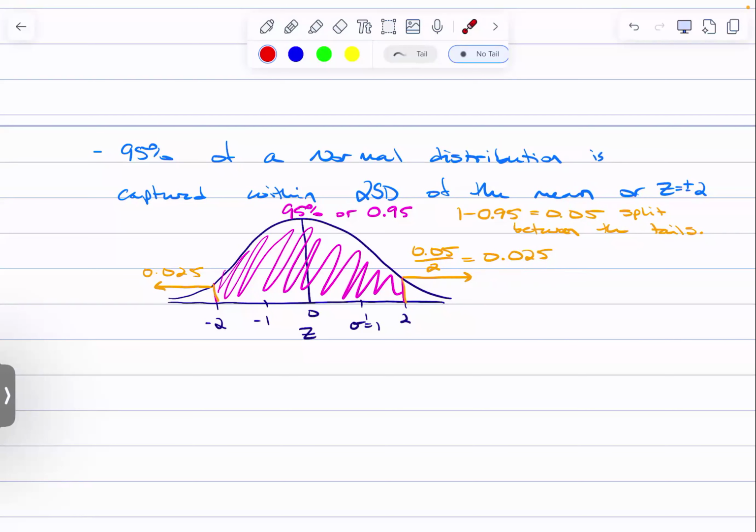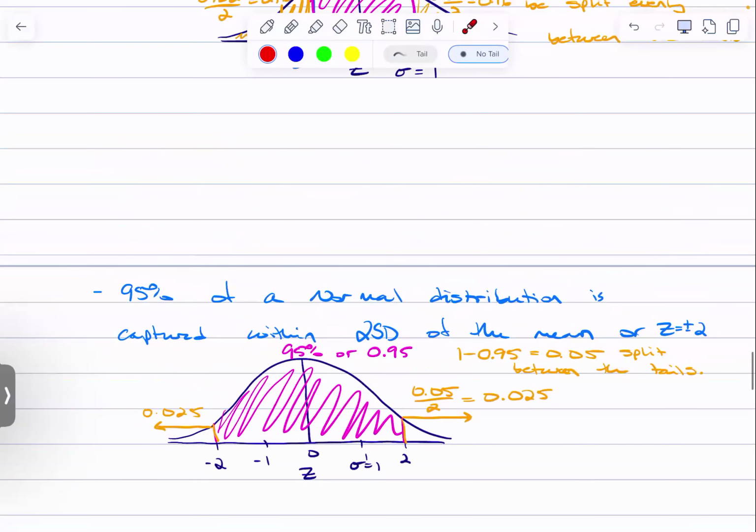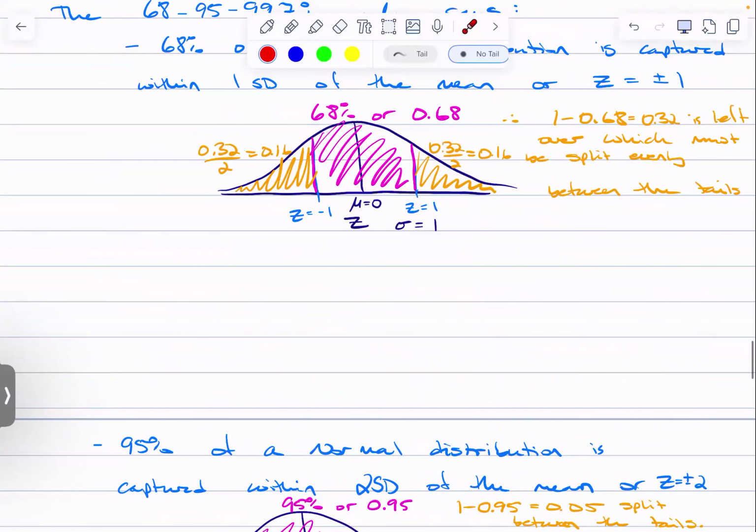What if there was a score of 1.8 standard deviations above the mean? What's the probability of scoring there? We can use software to find the exact probability, right? Or we can approximate the probability.